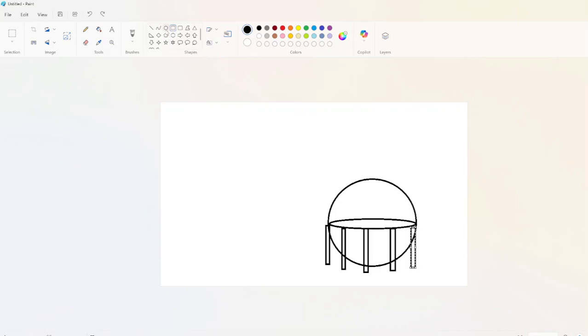Then we have a platform at the top. And we're going to have a staircase coming down from this top platform. However, I'm not going to draw that because that's pretty complicated.